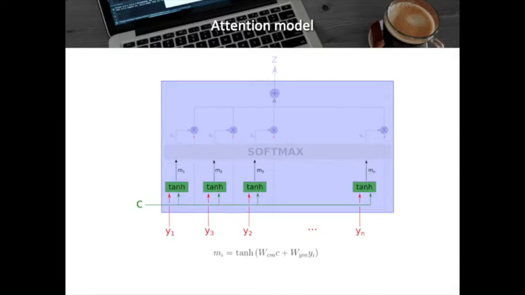In the next step, what the net does is to compute some in-between output values per each y and c using the tanh function. Formally, this is defined within the equation below the depiction here. So mi is the tanh function of the weights of the context times the context plus the weights of y times yi.